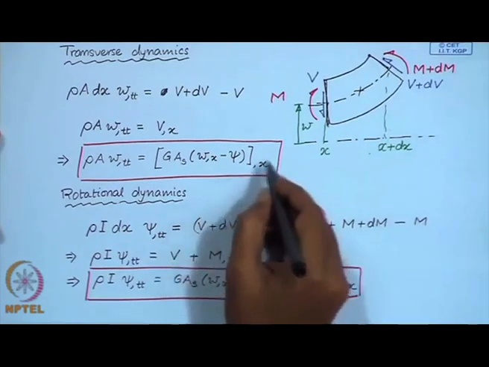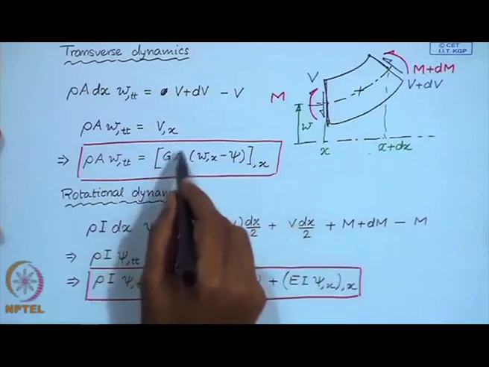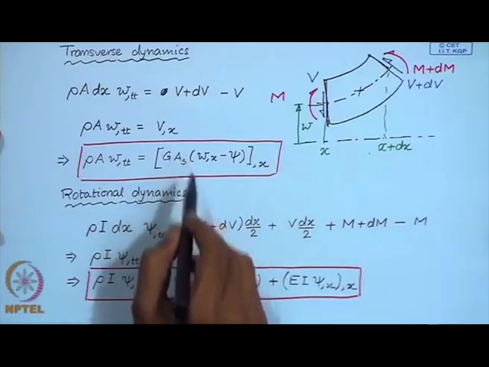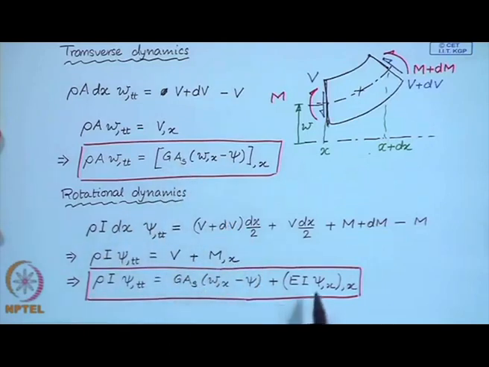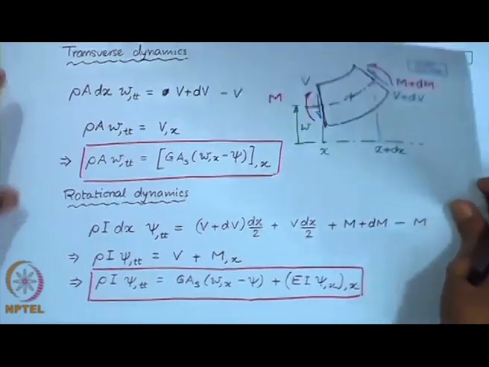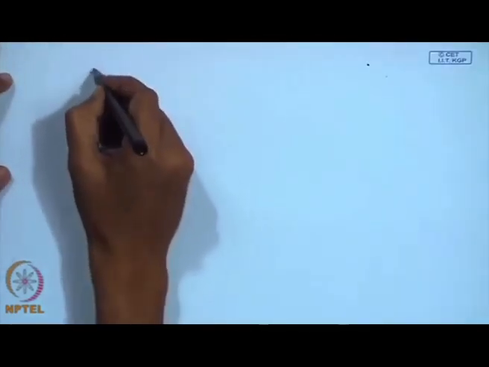So, here in general this area of cross section can be a function of x. Similarly, the second moment of the area can be a function of x for a beam with varying cross section. For a beam of uniform cross section, these equations will of course simplify.